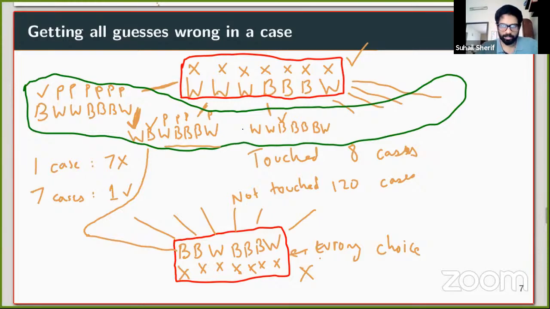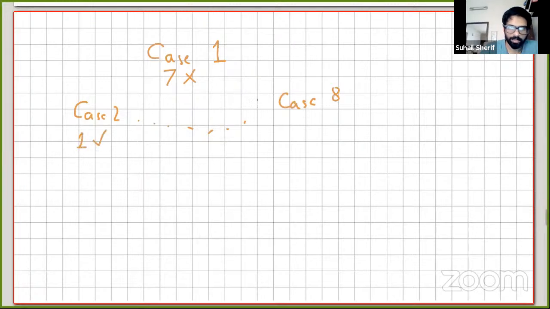So let's just open a new page where it's not full of already written stuff. Okay, so let's say we took case, let's call this case 1. And let's say case 1, we made 7 wrong. So this made a bunch of cases, like case 2 until case 8. It made all of these have exactly one correct answer, which was good.